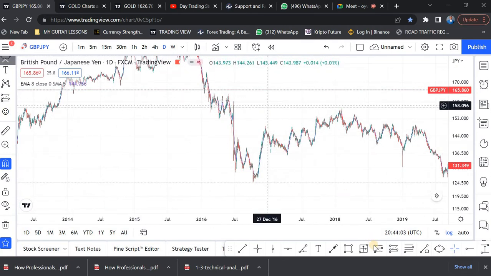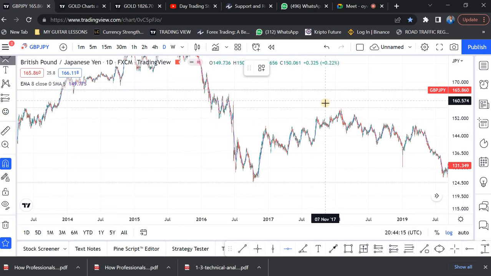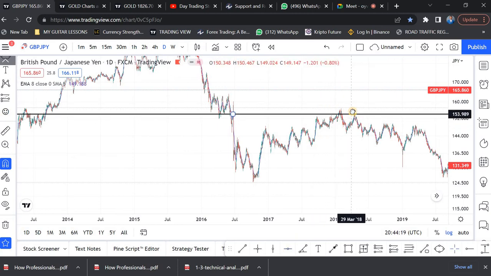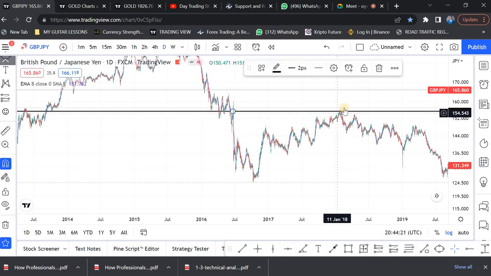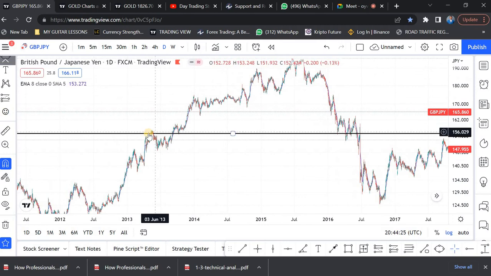Let me draw a resistance line here. You make sure it touches at least 2 points. You can see that it touches here, here, and here as well. Okay, so this becomes a resistance.